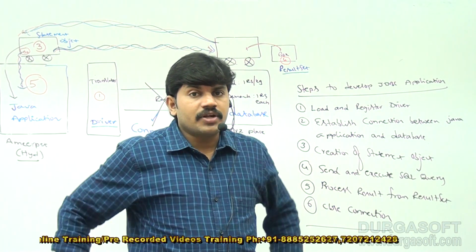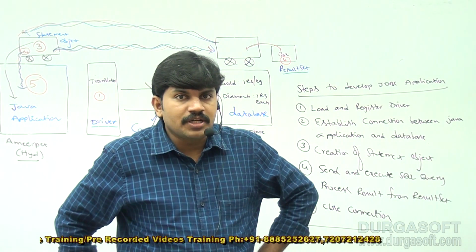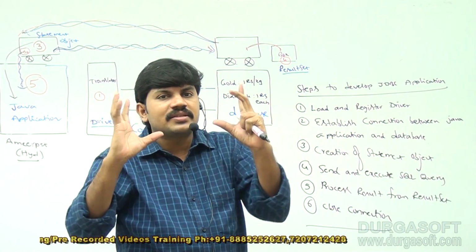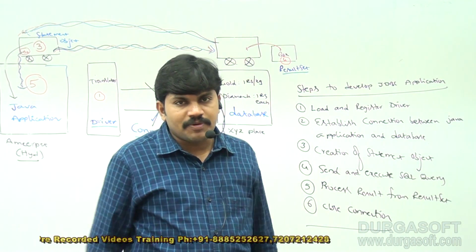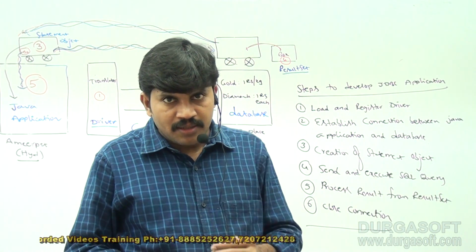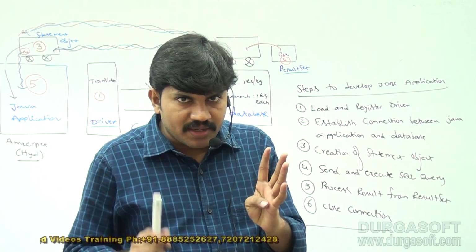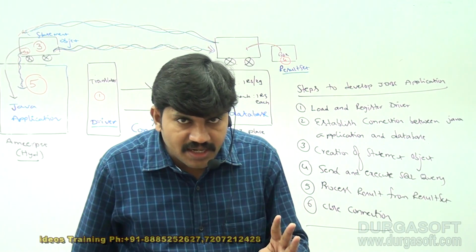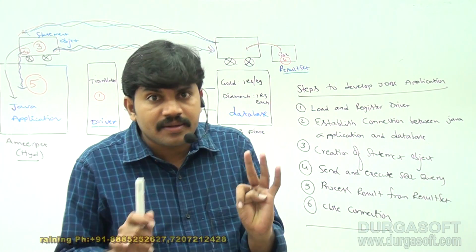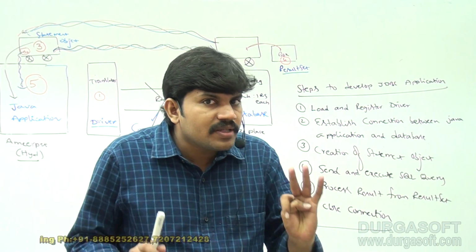Remember, what are the standard steps to develop a JDBC application? Of course, I didn't explain anything yet; first you have to get some basic idea. What is the first one? Load and register driver class. What is the second one? Establish connection between Java application and database. What is the third one?